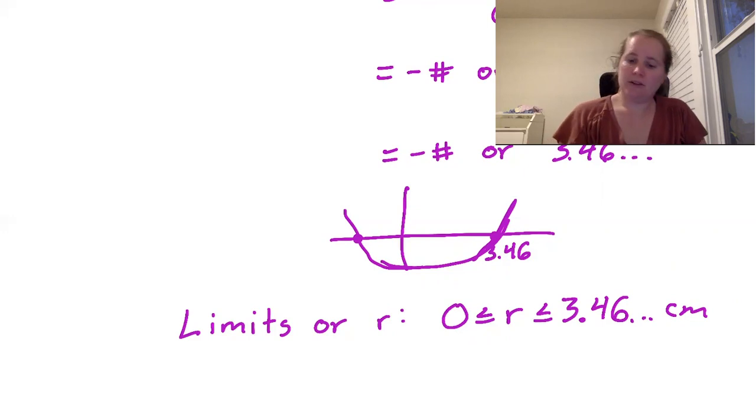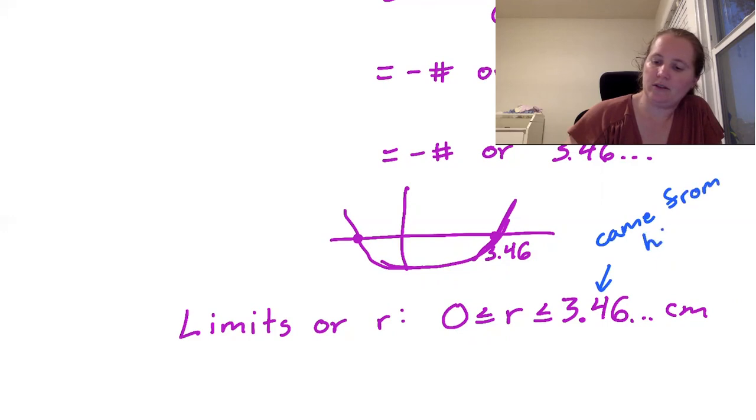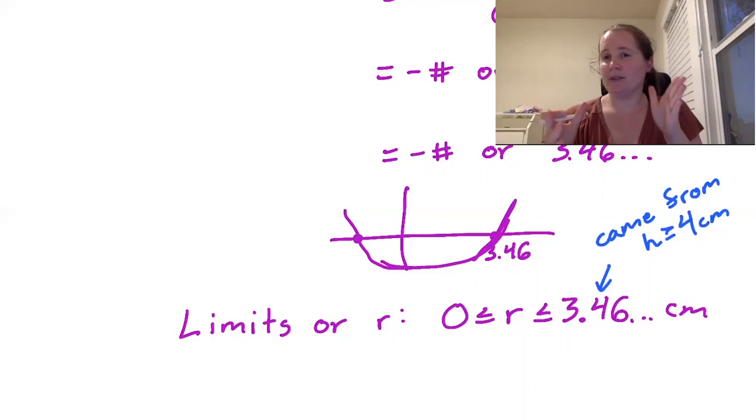Again, this one here came from H being greater than or equal to 4. Okay. So we only are concerned with R between 0 and 3.46. Anything outside of that doesn't meet the limits for our can.